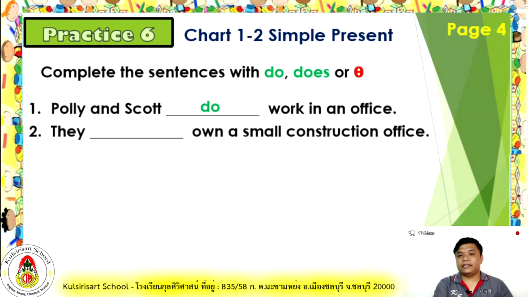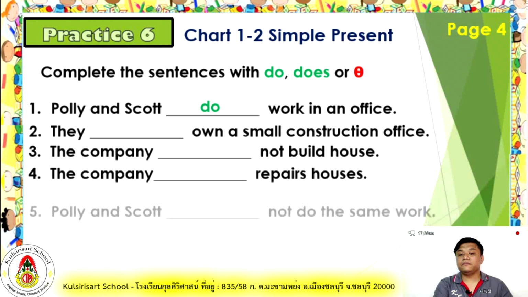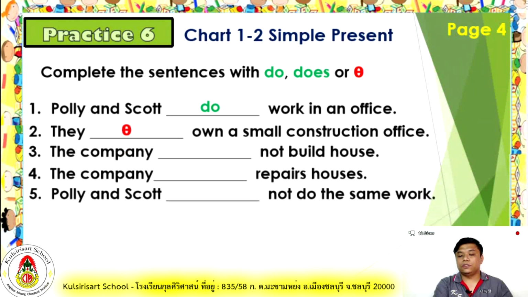They. They is a plural. They blank own a small construction office. The sentence is already correct, so we will put number 0. So let's read. They own a small construction office.